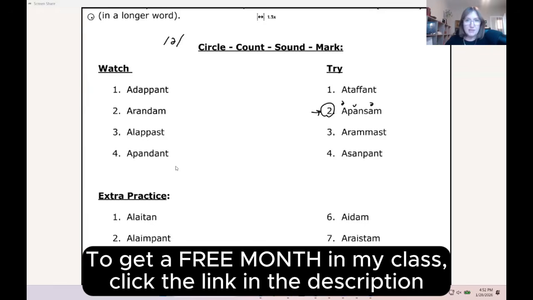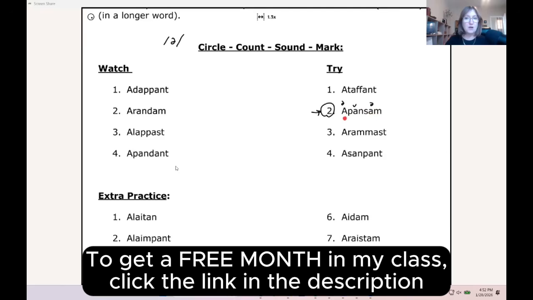All right, so this A is going to say schwa because it's at the beginning and there's a vowel 2 spots away. This A will say short a because that's what A's say when there are 2 consonants after them, usually. We're going to learn a couple of exceptions to that next week. This A says schwa because it's toward the end of a multi-syllable word and there's a consonant after it.